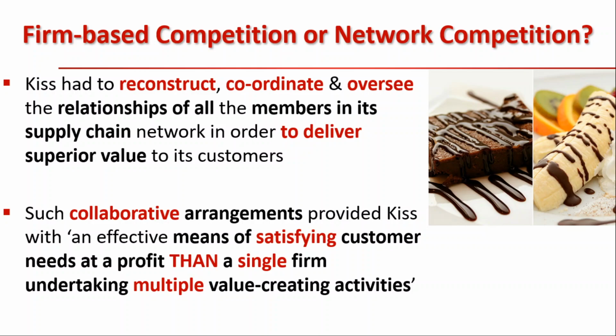But what KISS actually does here is take that old product and recreate it into something new. So this is what we're talking about in terms of satisfying customers at a profit rather than undertaking these multiple value creating activities.